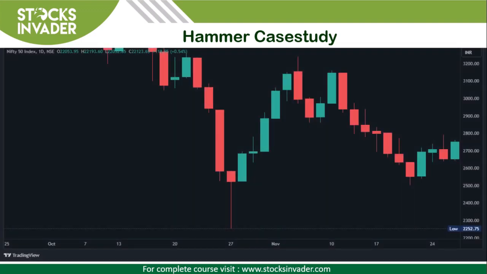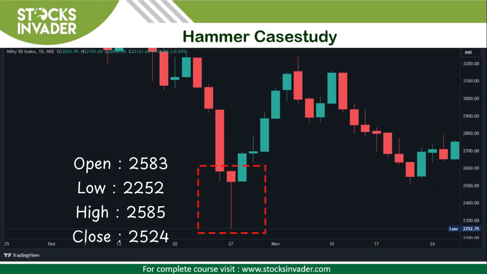The lowest point of the 2008 crash was on October 27, 2008. The date when the bullish hammer candle was formed on the daily chart, as can be seen on the screen. The Nifty 50 opened at 2583, crashed to a low of 2252, rose to a high of 2585 and finally closed at 2524.